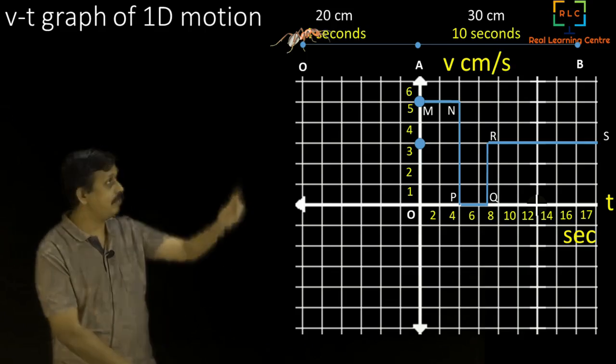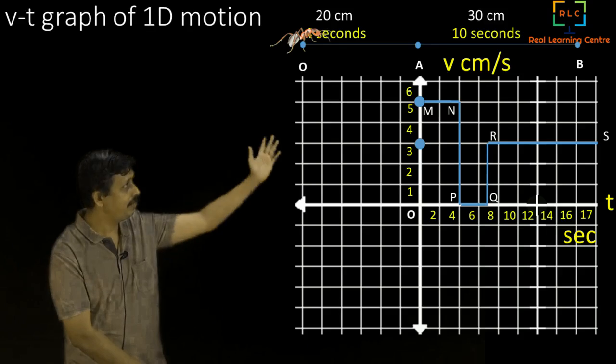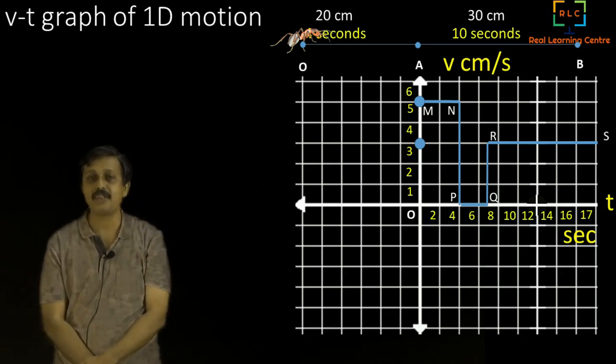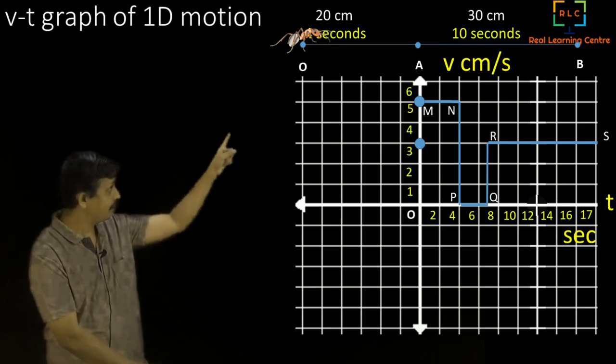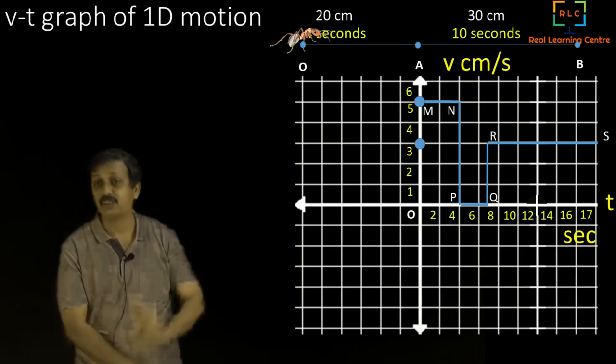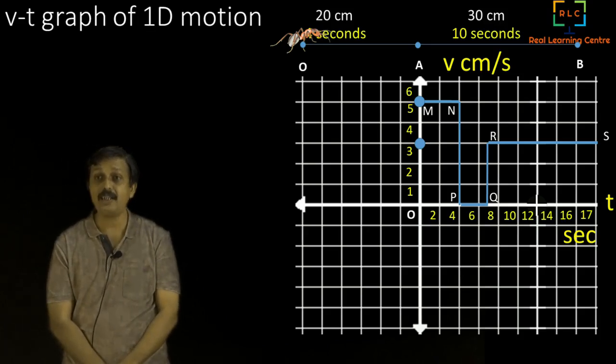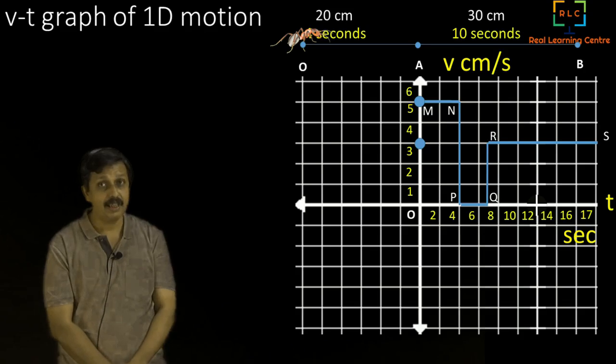That is why we plot that blue line, MN, at 5 centimeters per second. As time progresses, it still shows 5 only, so it is a horizontal line, no change. At the point A, it takes rest.